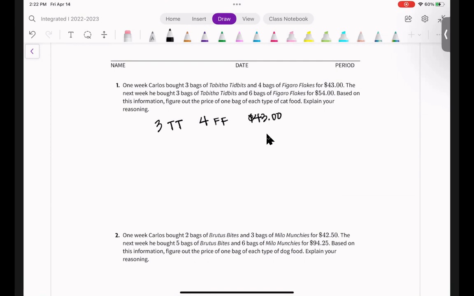And then another day he gets 3 bags again of Tabitha tidbits, and then 6 bags this time of Figaro flakes for $54. And do you notice anything?